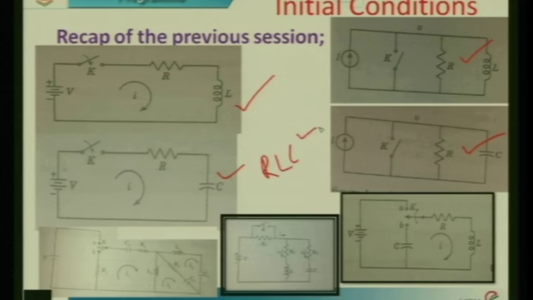Then we saw this network where we found I1 and I2 is equal to minus V divided by R1 plus R2 plus R3 as an expression, and this is a case where we have an SPDT switch, where a switch can be thrown to two different positions, and we went through this in the last session.